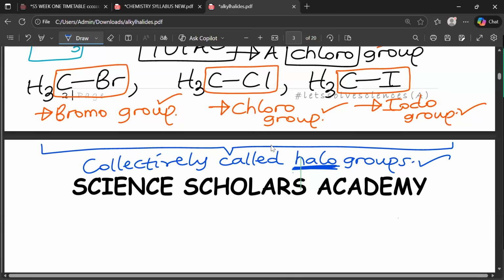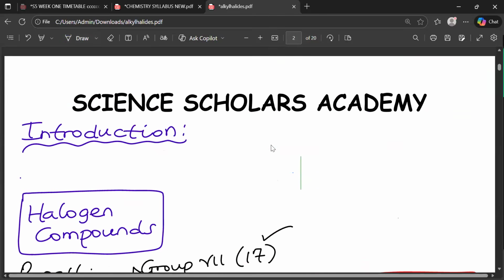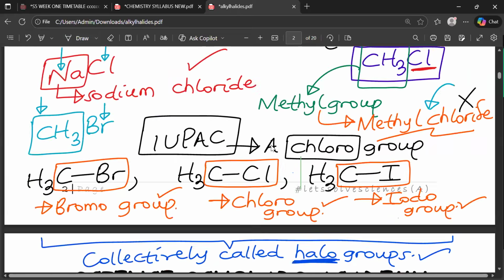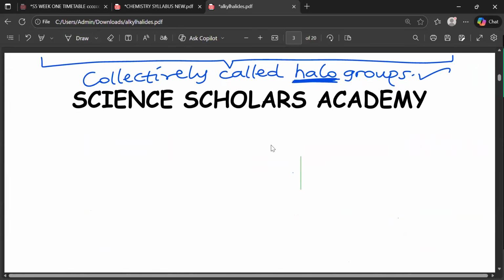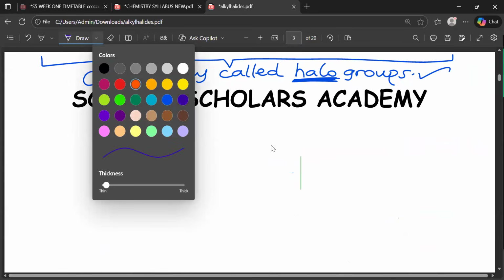Now we are going to alkyl halides finally. You understand? And I'll go back to the first page to use this space that I left. Hope you've not forgotten that I'm supposed to use that space. Okay. Now, back to these structures.